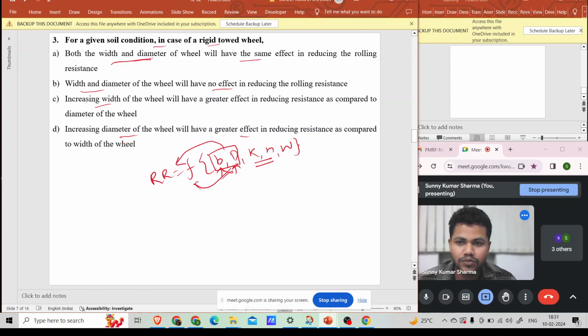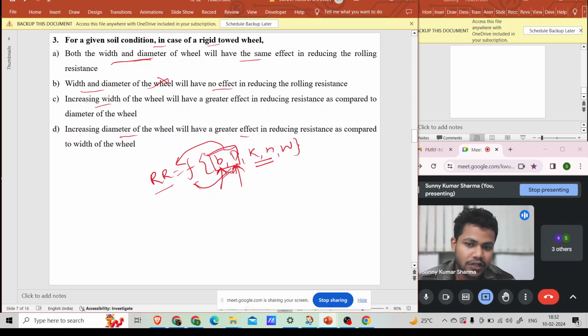That is not true, we can directly omit those. The third option is B having more effect in reducing the rolling resistance, or D having more effect. So, what is your answer?